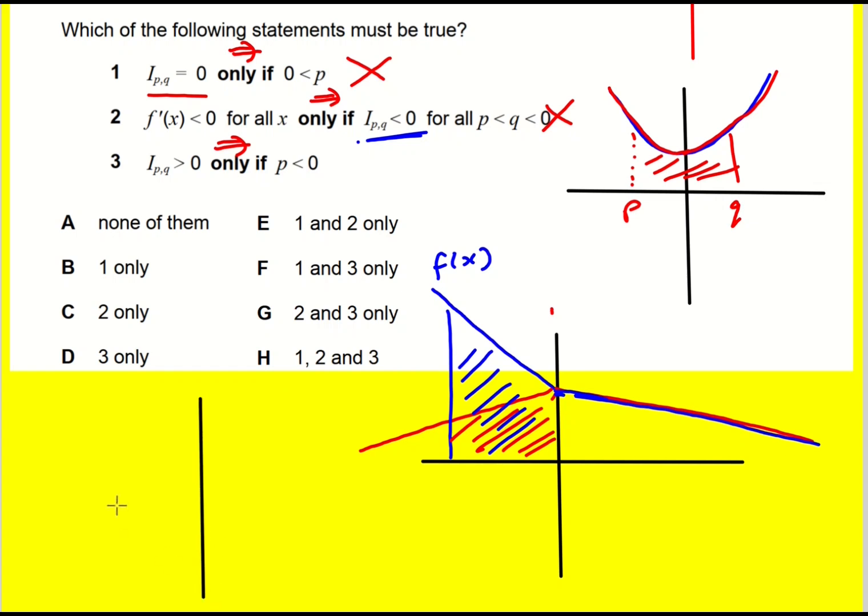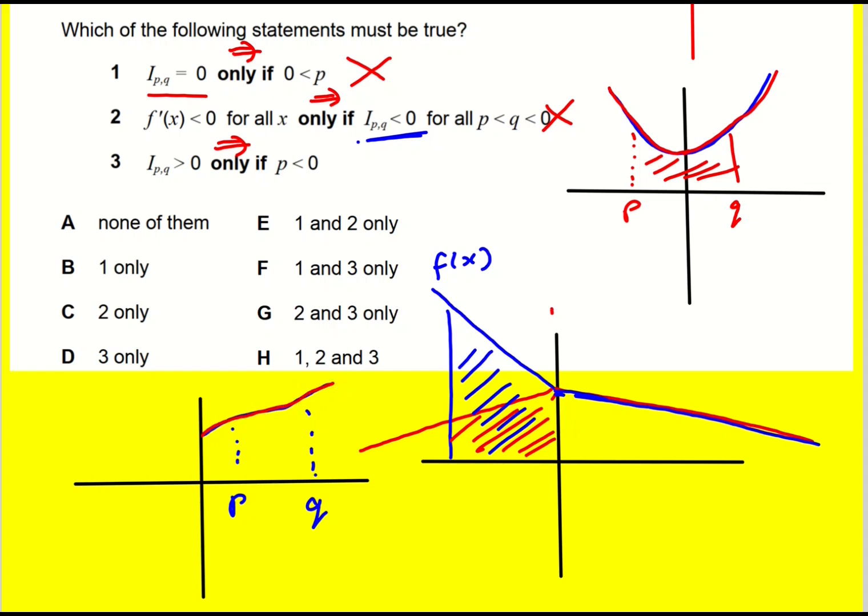This takes us to the last statement, that the integral is greater than 0. This implies that p must be less than 0. Well, however I draw my function on the right, let's say if p is more than 0 and q is here, when I do f of the modulus, it's going to be exactly the same.